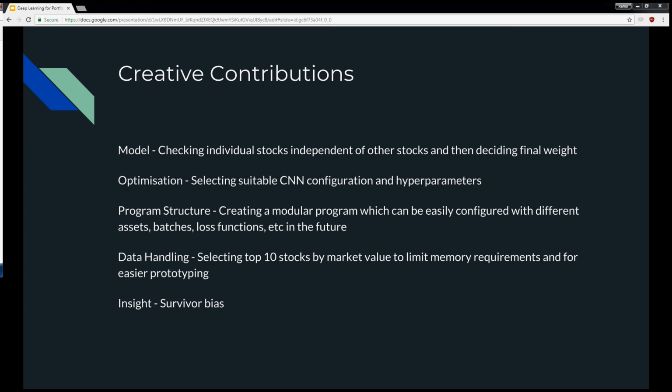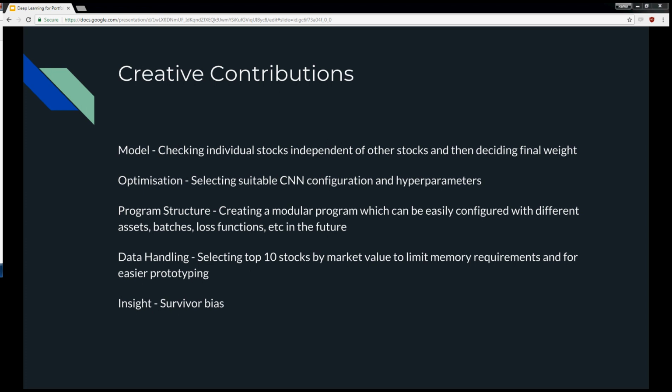And these are the creative contributions that we encountered while creating this model. The first one is the main benefit of having independent evaluators: they look at the individual stock history independently without looking at other stocks.